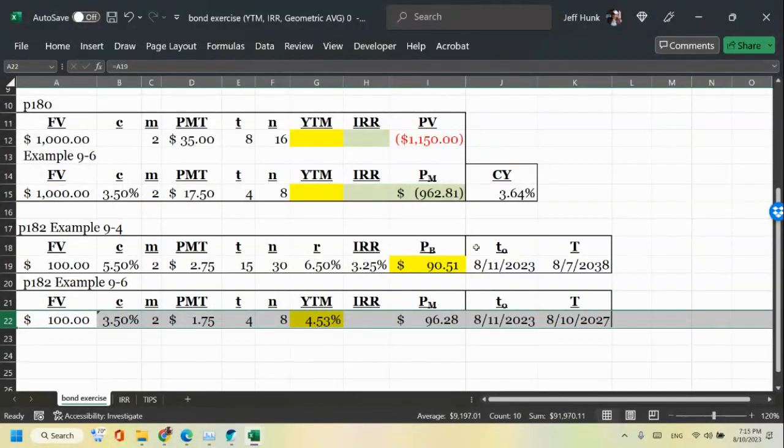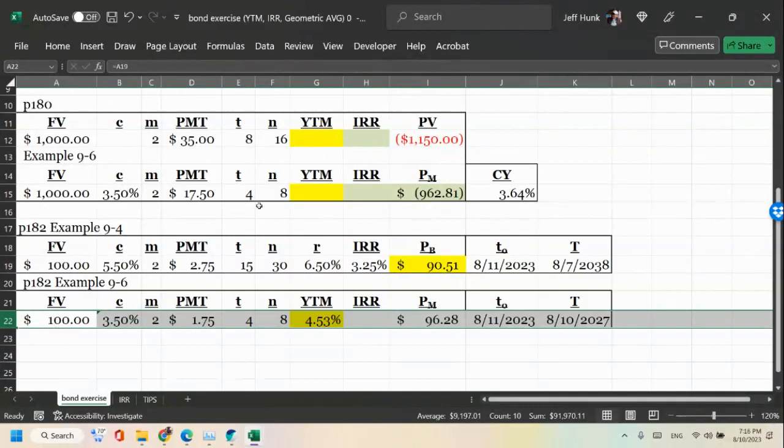Isn't that right? Because the only difference is that in this example, it's scaled down by a factor of 10, because prices must be expressed as a percentage of $1,000.